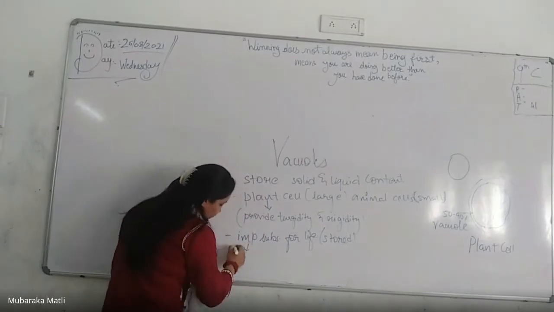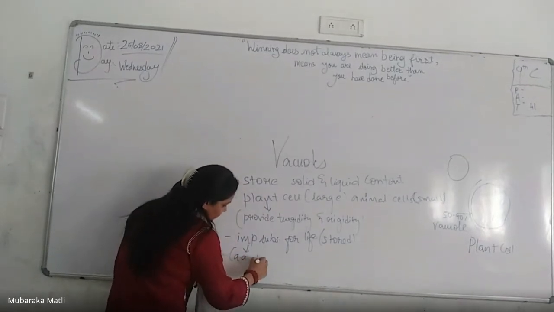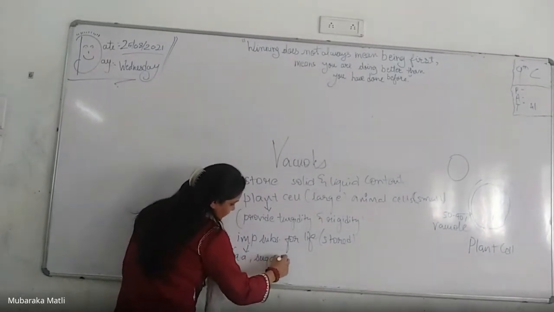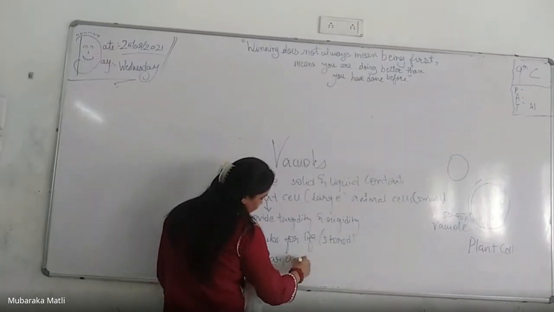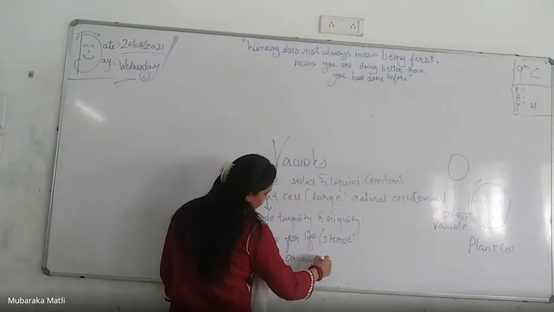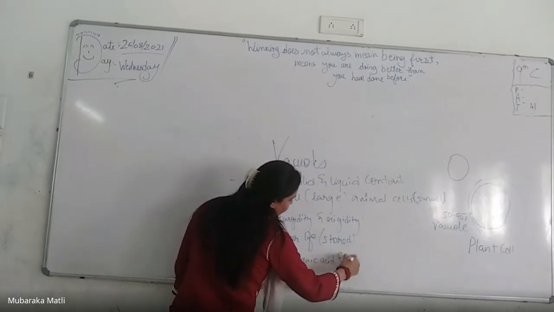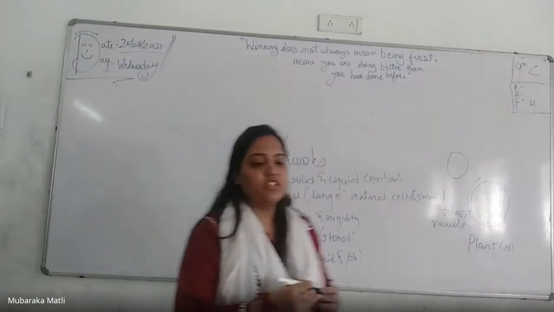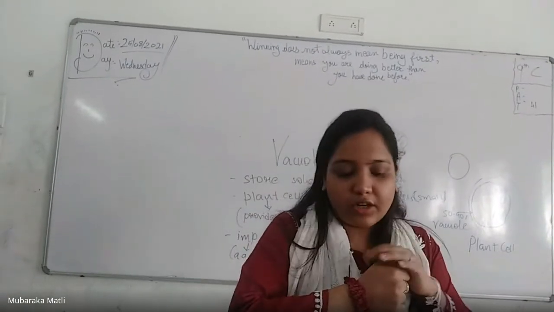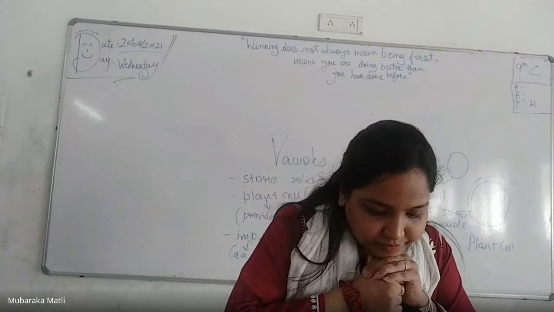Which are the important substances? Amino acid, sugar, then organic acid, and proteins are stored in the vacuoles. They are very important for life of an organism.